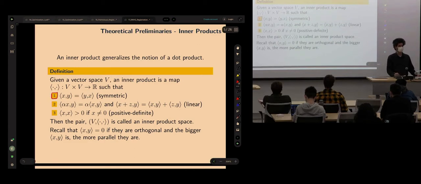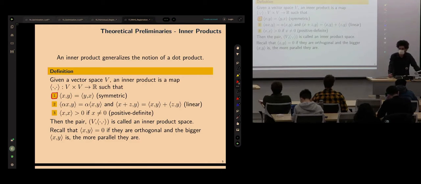That means the inner product of x, y equals y, x. An example of it, again, is dot product, which of course satisfies this. It is bilinear in both arguments. If you multiply an argument with a coefficient, you can just bring it out of the inner product. If you have x plus z, again, because of linearity, you get the inner product of x, y plus the inner product of z, y.